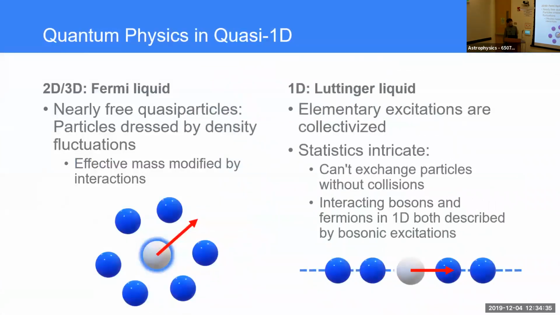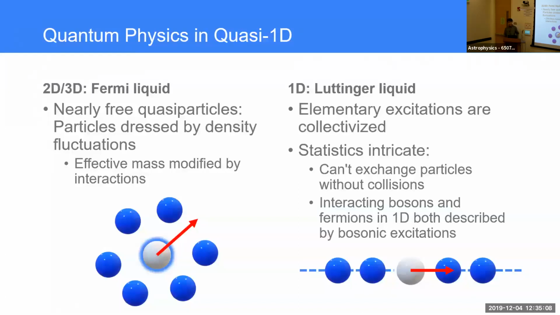The many-body physics in one dimension is kind of strange because of our geometric constraint. In higher dimensions, we know that Fermi liquid theory works quite well to describe many traditional solid-state systems. In this scenario, our low energy excitations are essentially nearly free quasi-particles, or particles dressed by density fluctuations. However, in 1D, we have the Luttinger liquid, where the elementary excitations are necessarily collective.